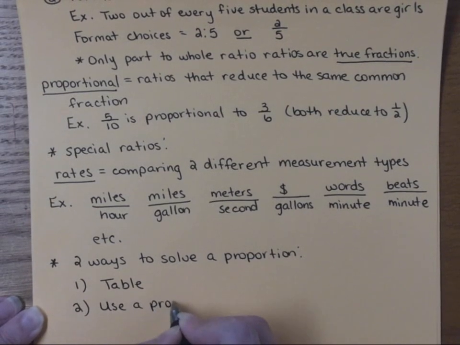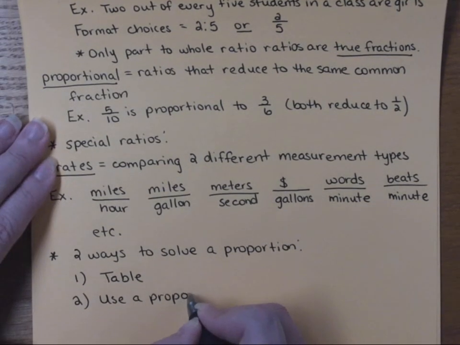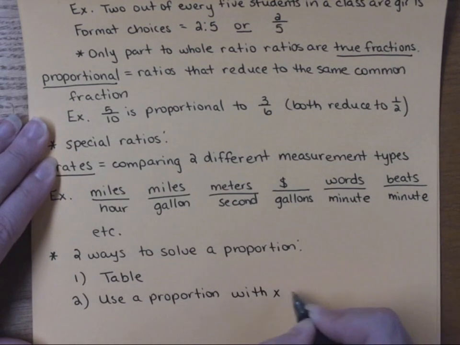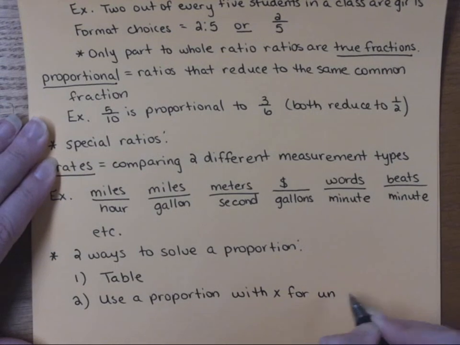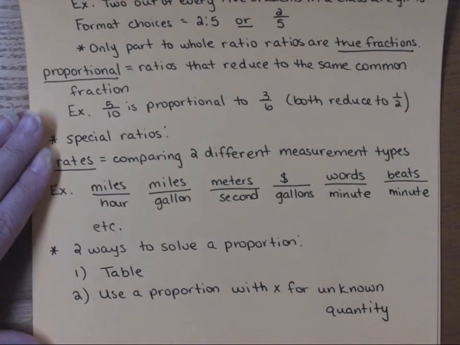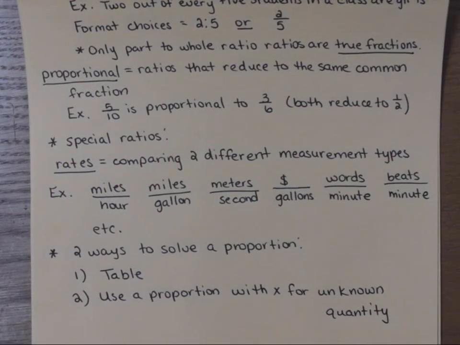So we're going to use either a table or a proportion with X for an unknown. A table is what you would probably use in the lower grade levels. You definitely wouldn't use true proportions until probably junior high or so. But at any rate, you need to make sure that you can show your thought process and all that good stuff.